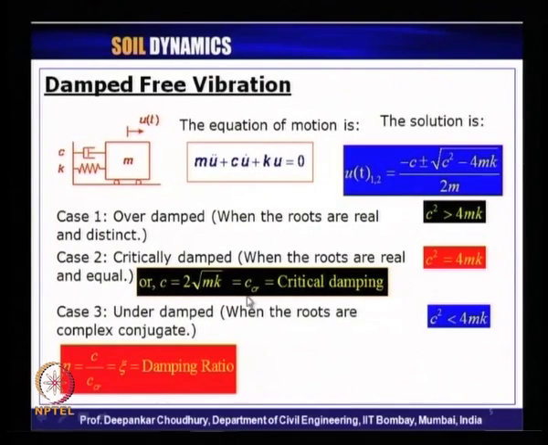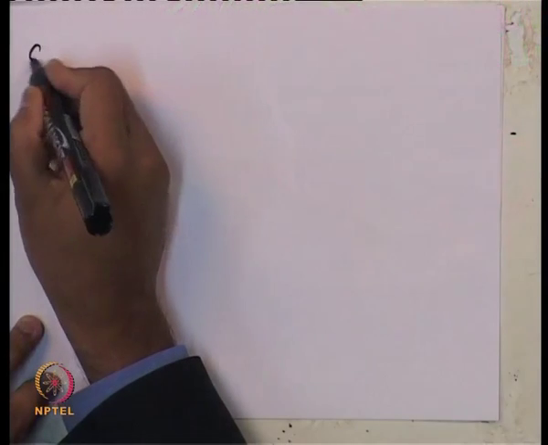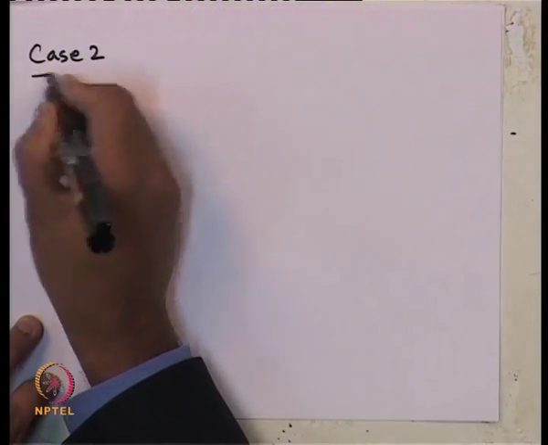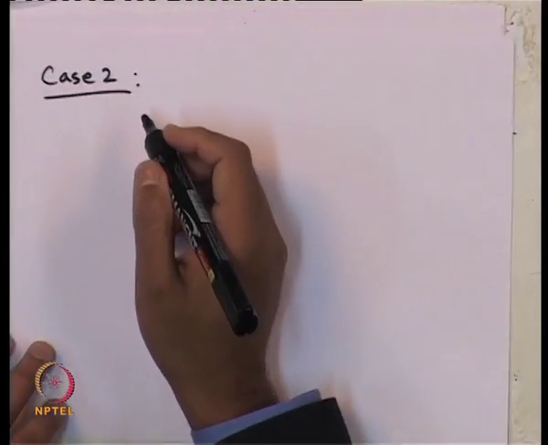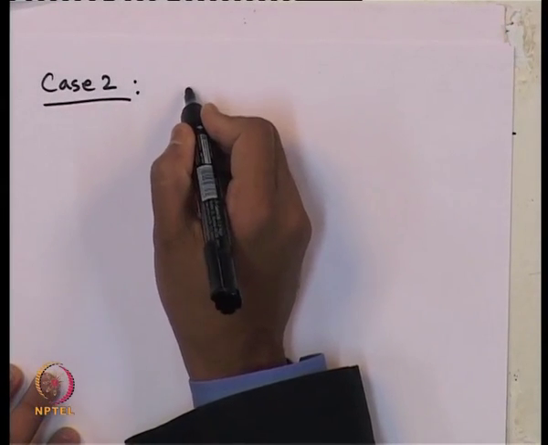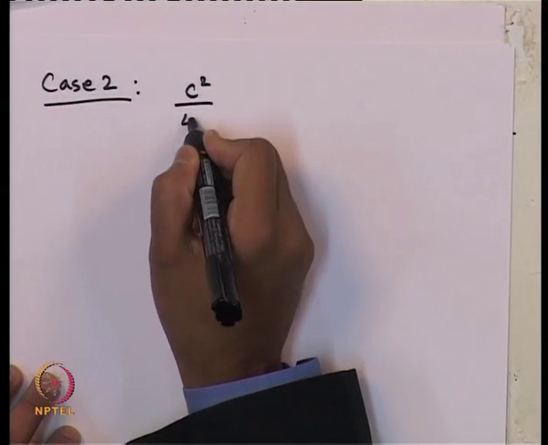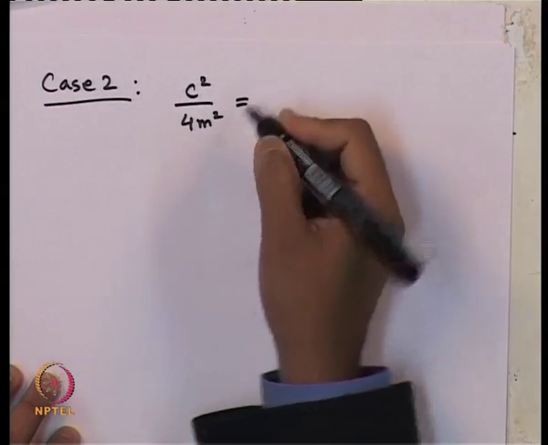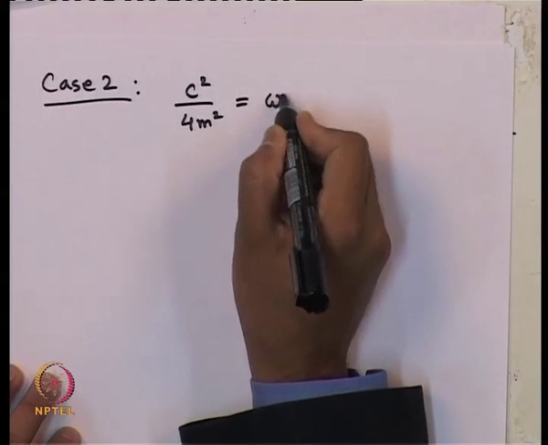Now, let us look at each of these three cases. First, let me start with case 2. Let us start with case 2 first, then I will go to case 1. So, for case 2, what we have: roots are real and equal, and for that condition we have seen c square by 4m square has to be equal to omega square.